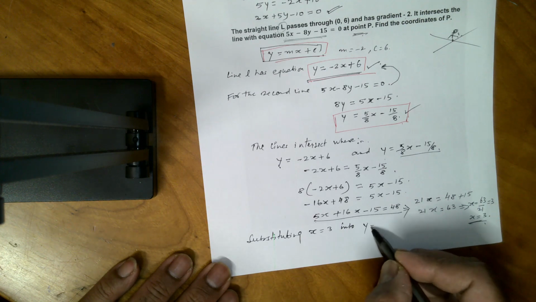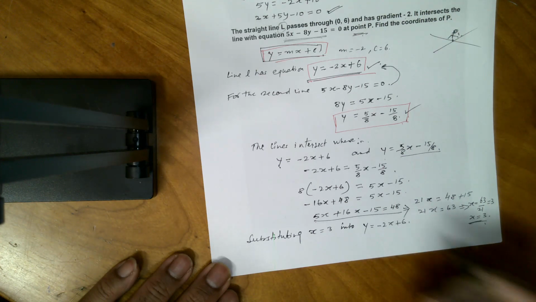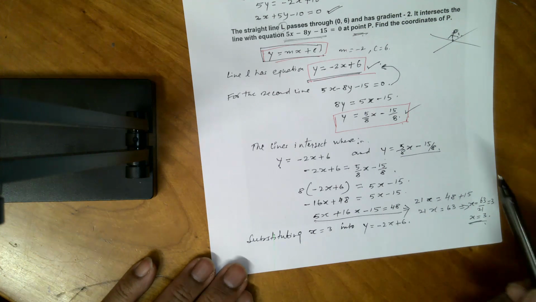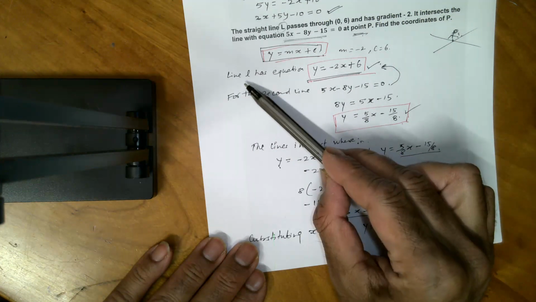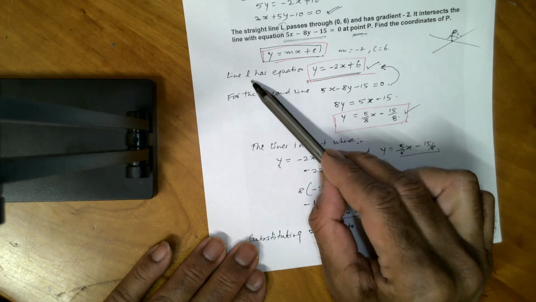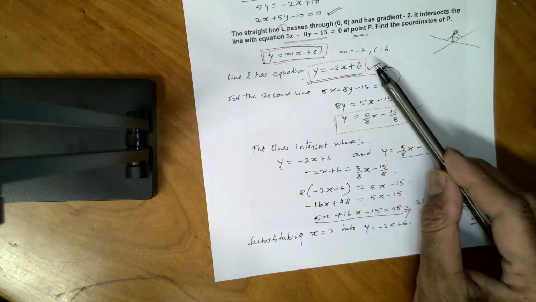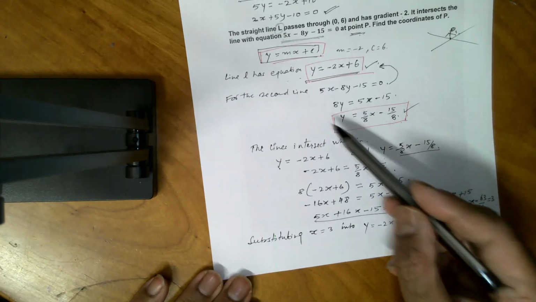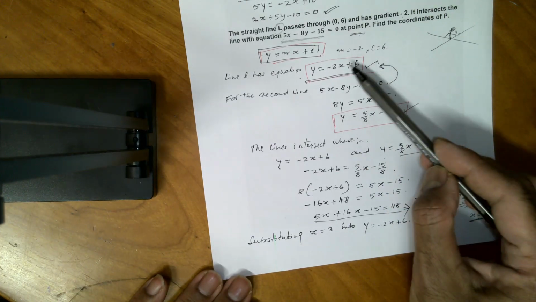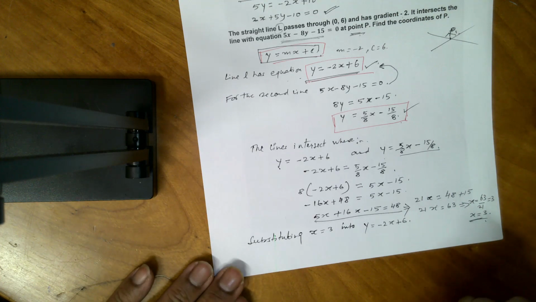Which is y equal to minus 2x plus 6. This equation is the line L, the equation we gave. Not in the second line. Always remember that, not in the second line, because the second line is always given to you. So we do this in the actual line L which was passing through and intersecting.